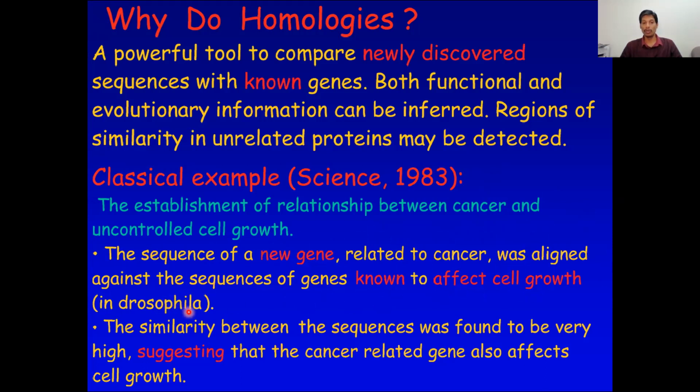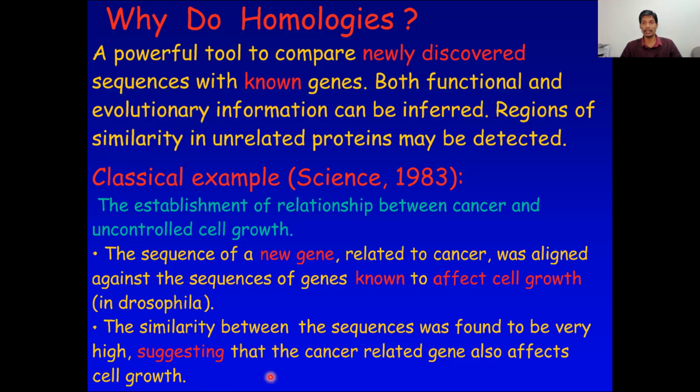So it was known information, some of the genes affecting cell growth, and when aligned to a gene related to cancer, the similarity between the sequences was found to be very high, suggesting that the cancer-related gene also affects cell growth.